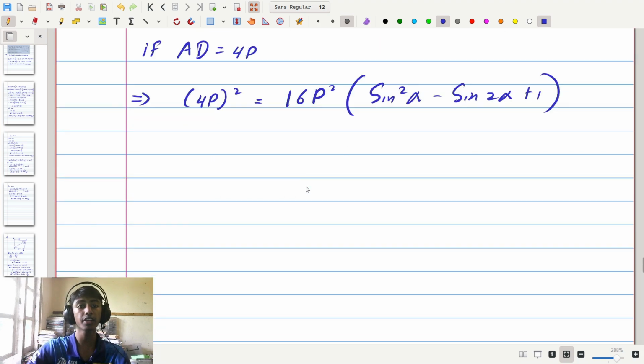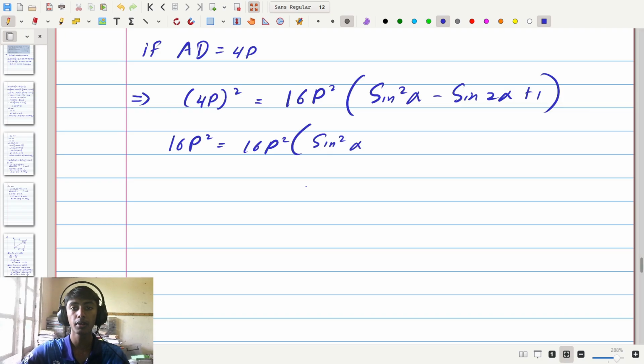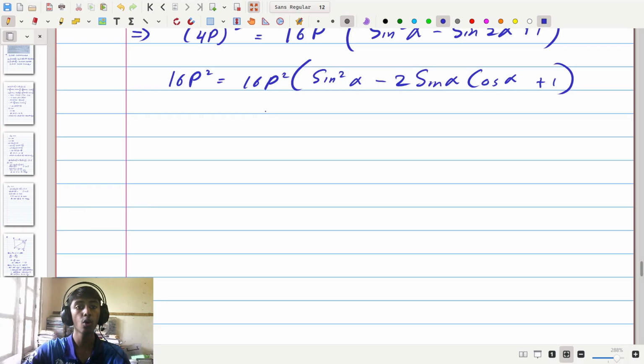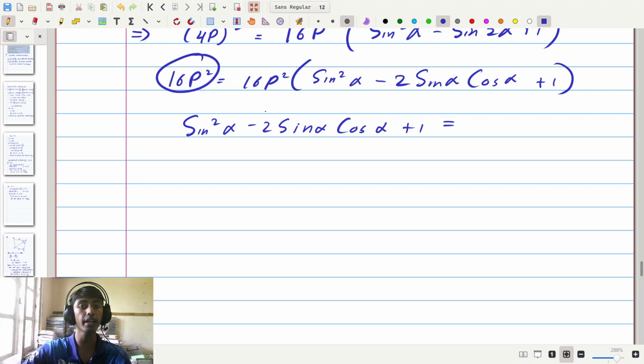Now simplifying, we have 16p squared on the left hand side, and on the right hand side we have 16p squared times sine squared alpha minus, and I'm going to expand this back into 2 sine of alpha times cosine of alpha plus 1. So if we simplify, we get sine squared alpha minus 2 sine alpha cos alpha plus 1 equal to, on the other side, just 1.